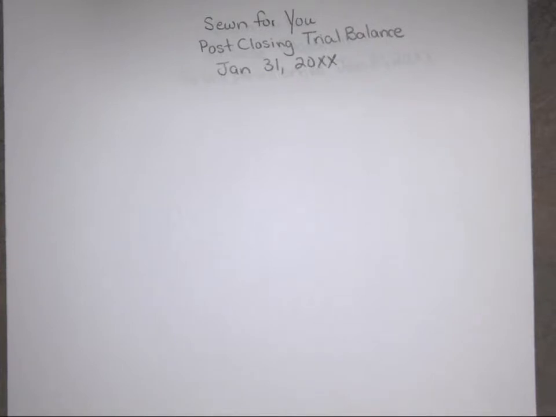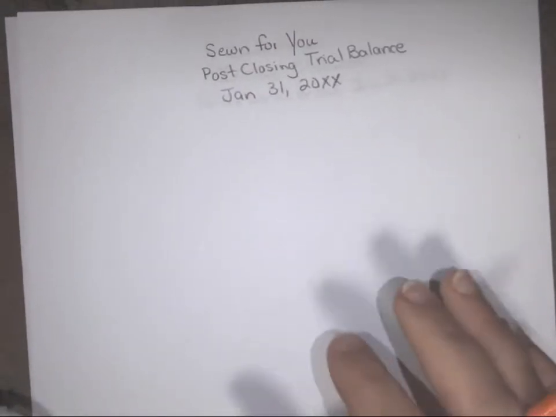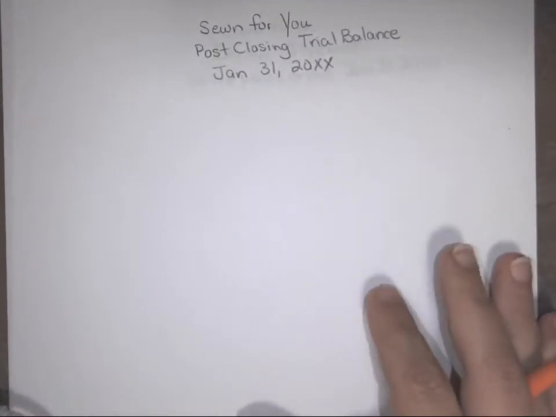We are going to finish up the process in this particular video. What we are going to look at as far as finishing this process is concerned is, first, the post-closing trial balance.